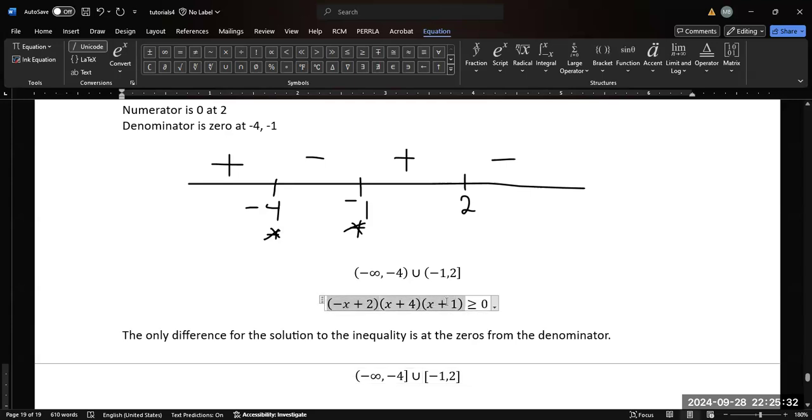If this is all in the numerator, then I can be equal to 0, and so I include all of the zeros in this kind of an expression. But if I have a rational function, the ones that are in the denominator cannot be included, and so they get the round parentheses. But if it's easier to work with a polynomial, then you can do that and then just deal with the denominator factors later on.